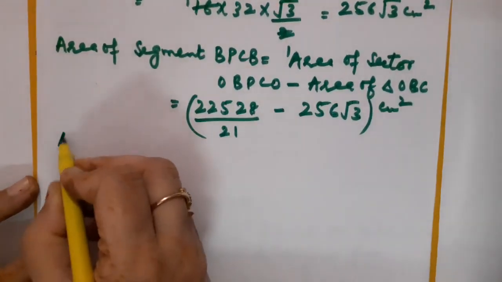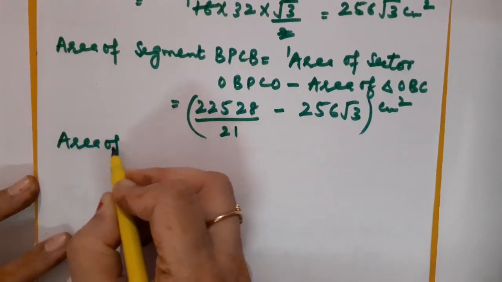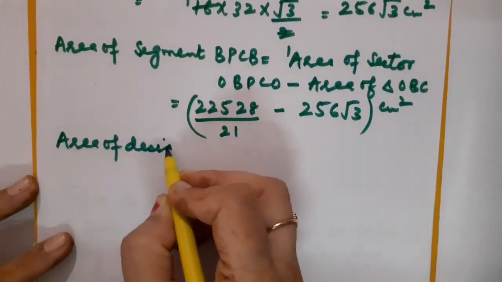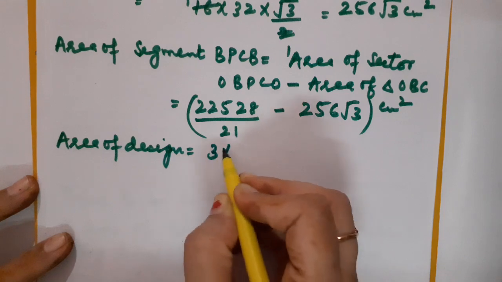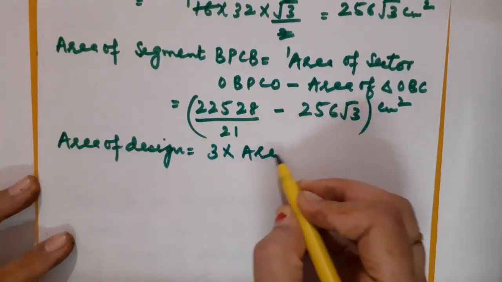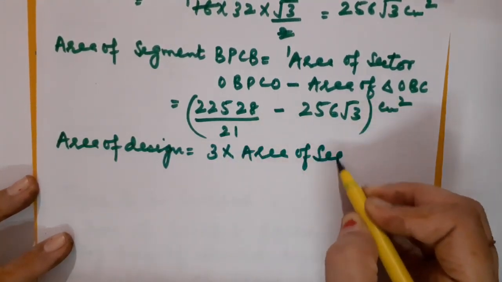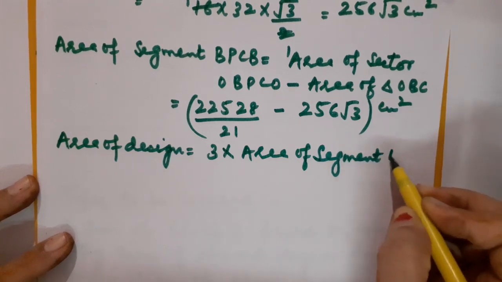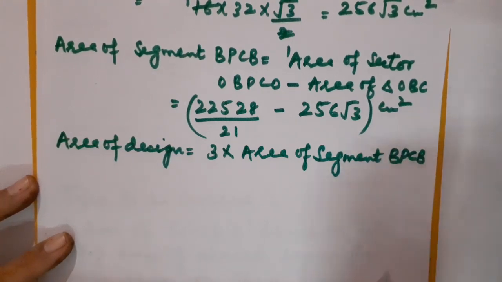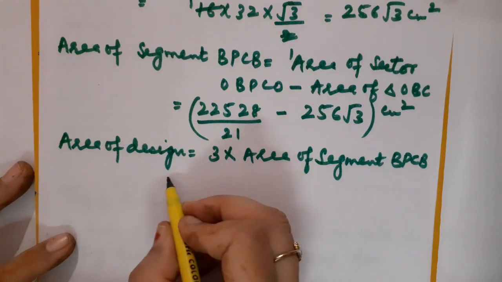So you should write area of design is equal to 3 into area of segment BPCB. Correct, students?